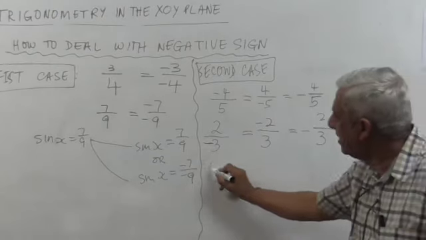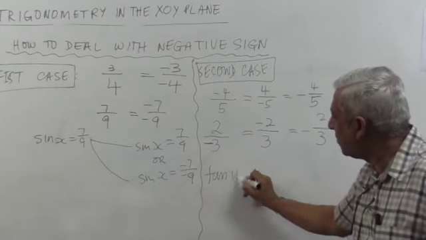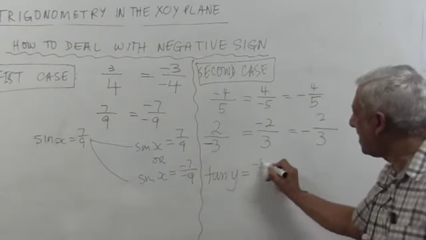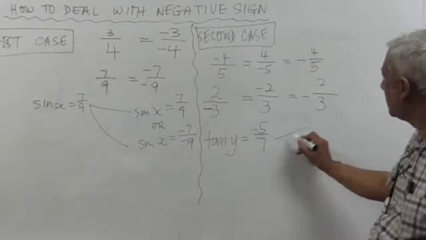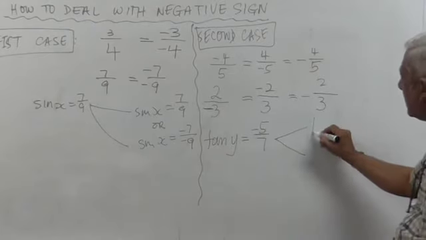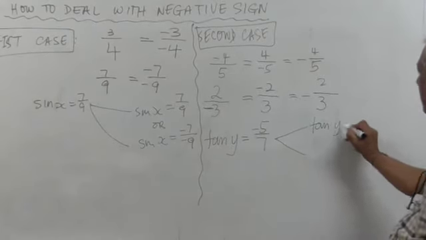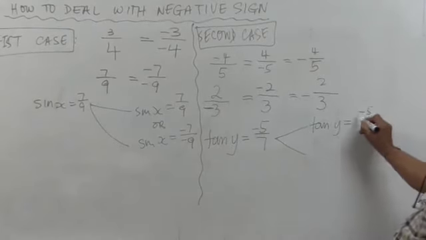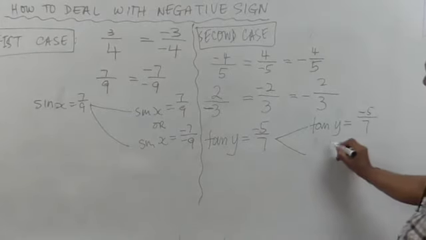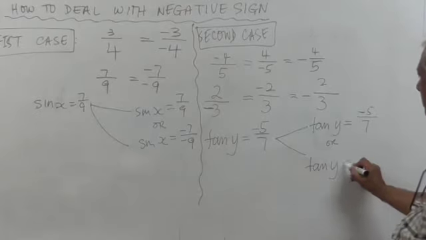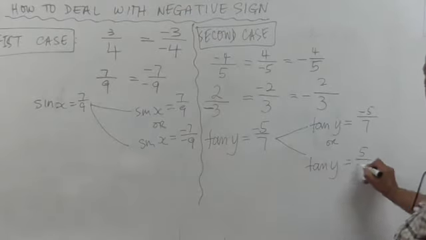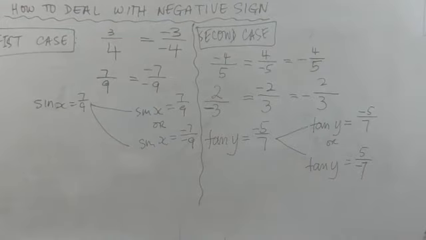So if you tell me tan y is equal to minus 5 over 7, then from here I can get two answers in trig. I will say tan y is equal to minus 5 over 7, or I'll say tan y is equal to 5 over minus 7.